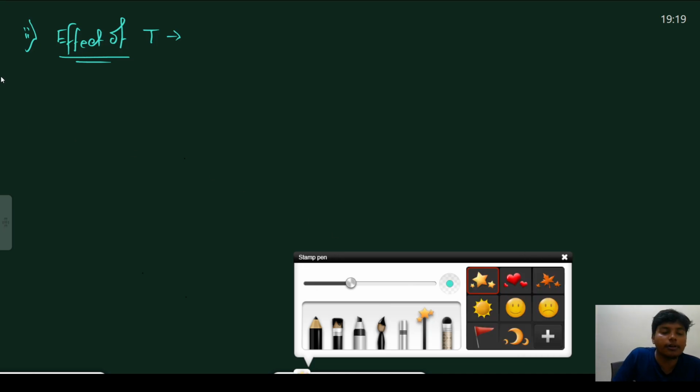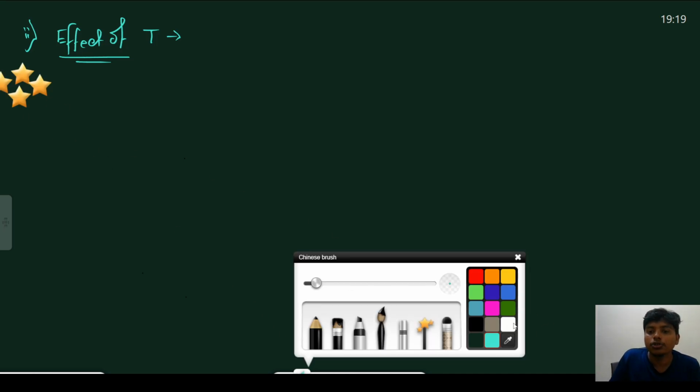Next, second, effect of temperature. And this is the most important thing. Effect of temperature. Very, very, very important. I'm giving you a star question, something coming from here. In boards also it comes from here. So what is the effect of temperature? Just tell me, thermodynamics. Remember thermodynamics?